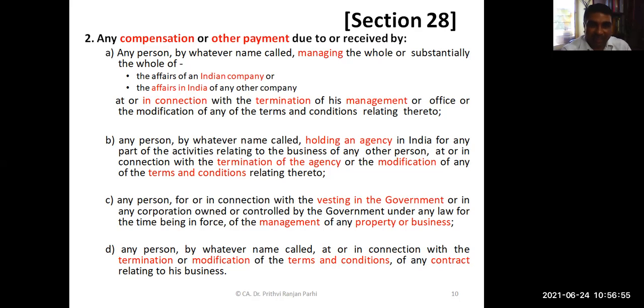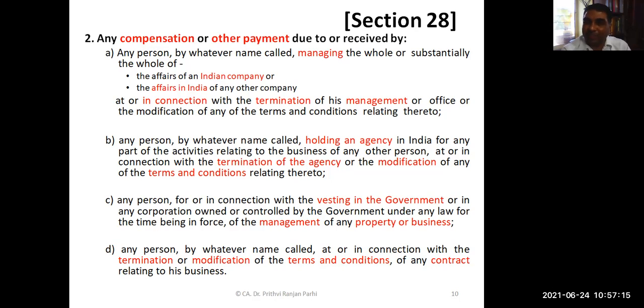Then, the third kind of compensation or other payment is that any person who is vesting in the government, or in a corporation owned or controlled by government, or under any law for the time being in force, the management of property or business.